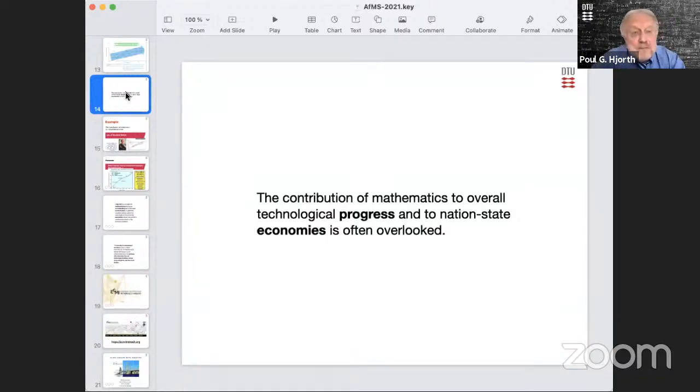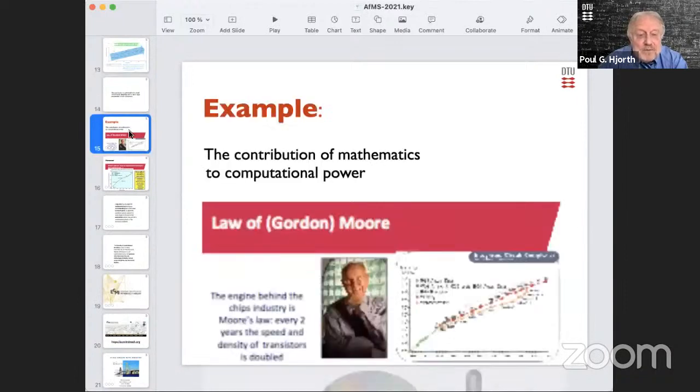And in fact, people tend to overlook the contribution of mathematics to even things like computing. Here's an example. Are you seeing this? The famous Moore's law for the output of computer chips. And you can ask, what does that have to do with mathematics?